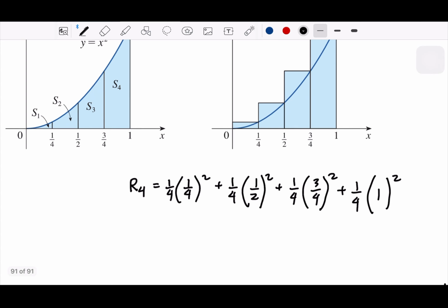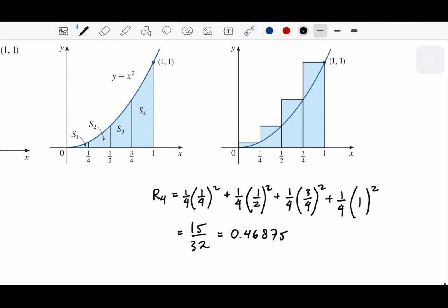Let me just compute this, and you can also check if you want. This is 15/32, and this is around 0.46875. And of course, this is the area for these 4 rectangles.